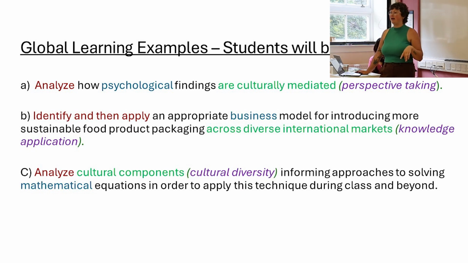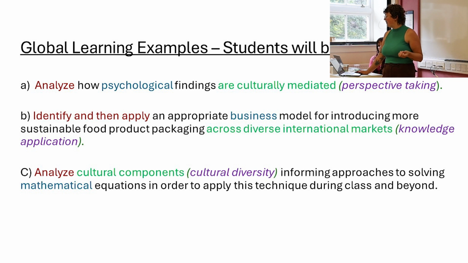So I'll show you the second version here, but I did want to highlight some different examples of what some of these learning outcomes might be for the competencies. The first one, you might have students analyze, this is the psychology context, how psychological findings are culturally mediated. So this might be focusing on that perspective-taking domain.